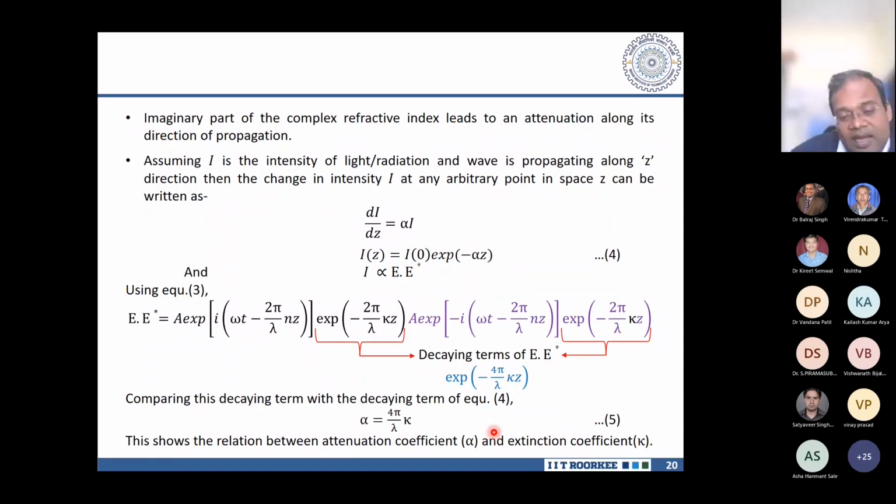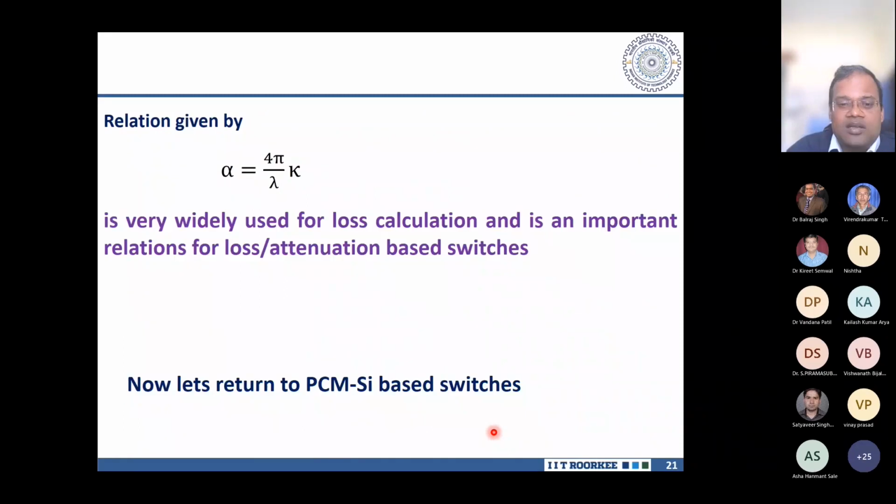Alpha is associated with kappa: alpha is the attenuation coefficient and kappa is the extinction coefficient. So if you can vary kappa, alpha will be varied. This relation is very widely used for loss calculation, and it is important for attenuation based switches.